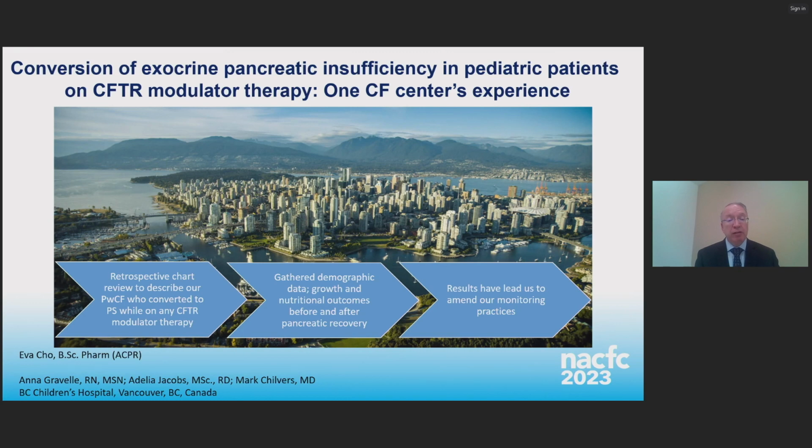It was a retrospective chart review and looking at all parameters, including growth and nutrition, before and after, and see what occurs to the exocrine pancreas on CFTR modulator therapy, another very big open subject in CF research.